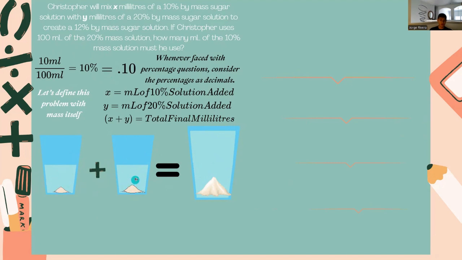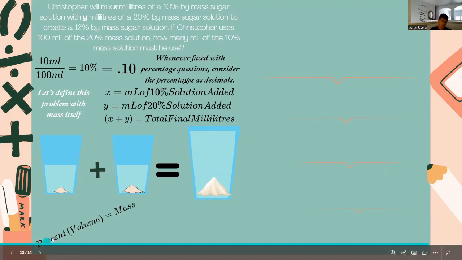So we know we have 100 milliliters of 20% mass solution, or 0.2 if we want to consider mass in decimals instead of percentages. And how much of this are we going to need to create a set amount of 12% by mass solution.